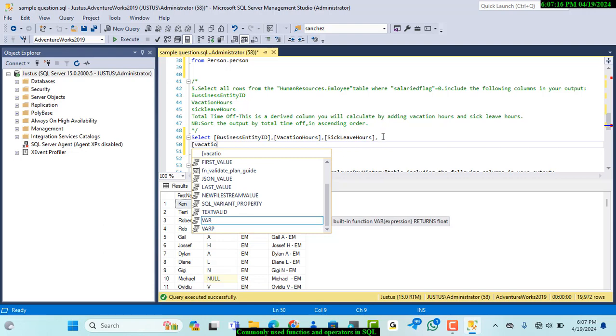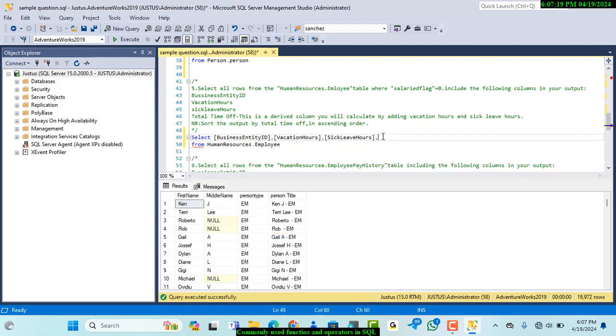Can I just copy? Instead of typing it, let me just copy it, and then I put a plus instead of a comma. Then I alias it as total time off.